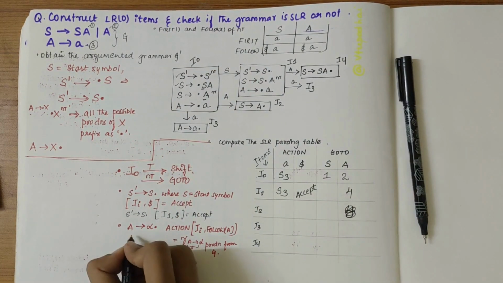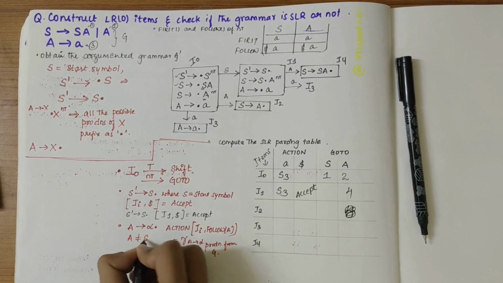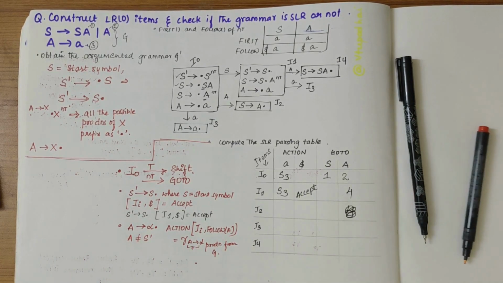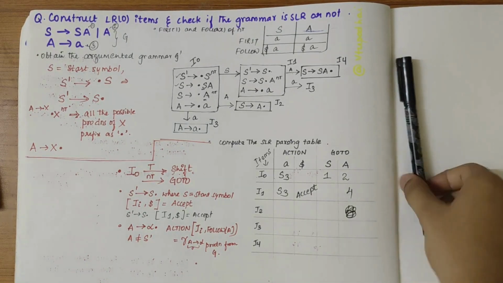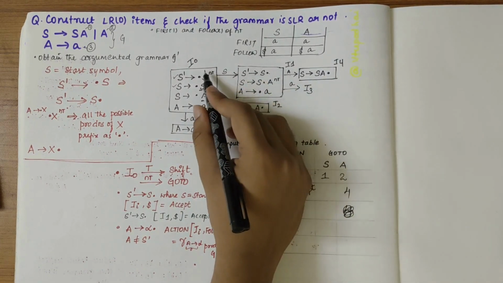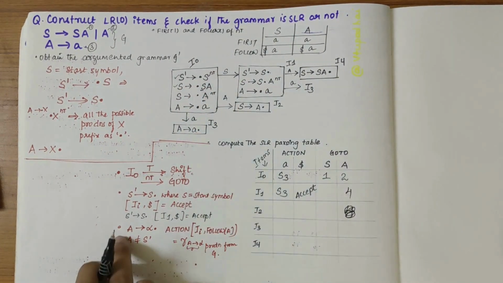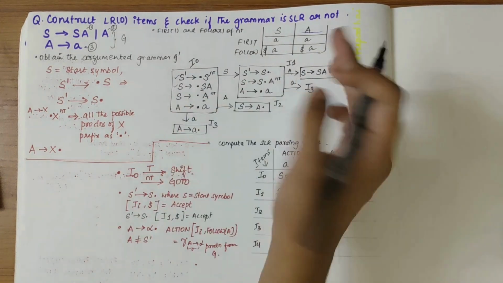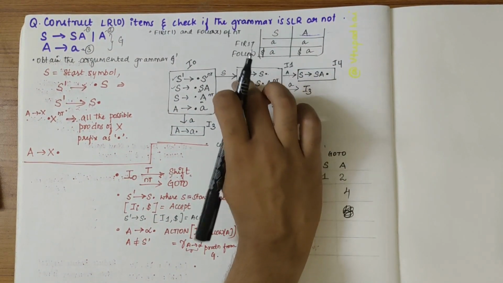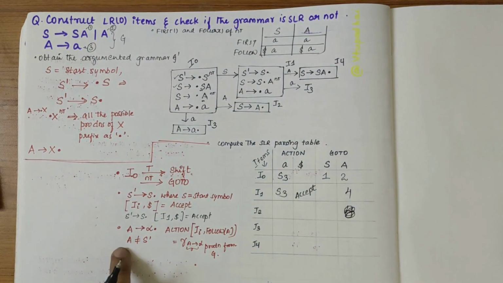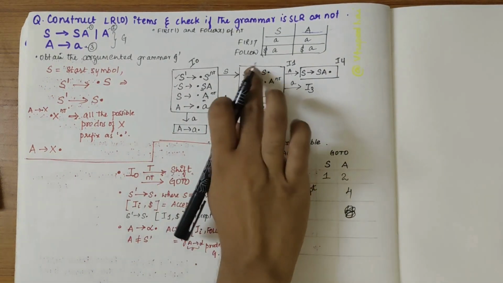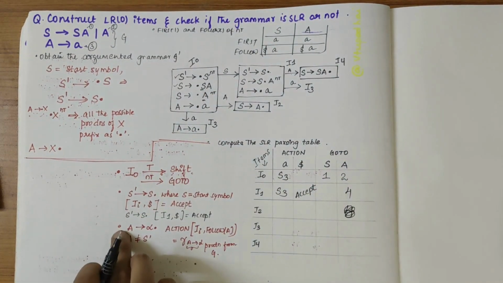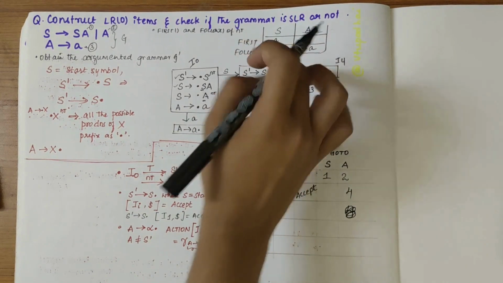Here one more condition is that A should not be equal to S or S', that is the start symbol. So if you look at the I0 items, is there any production of the form A derives alpha dot? No, it's not there. In I1 we have S' derives S dot, but A should not be S here. So S being the start symbol, you can't apply this rule on this particular production.